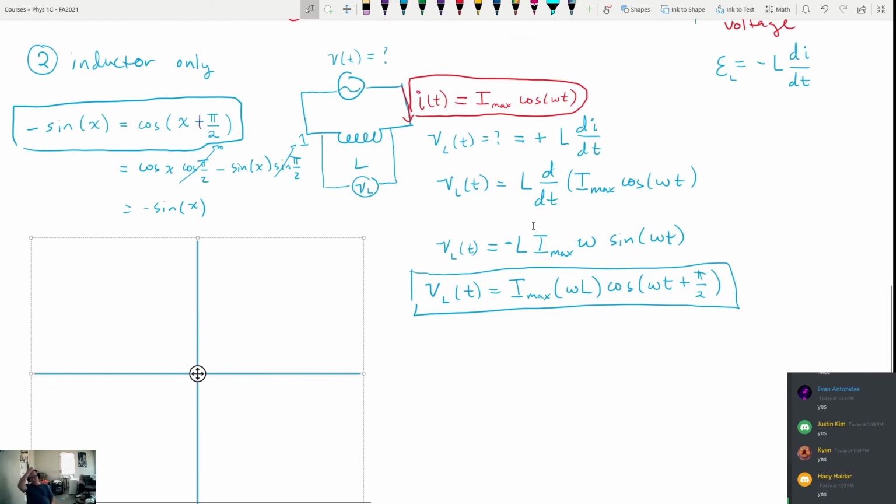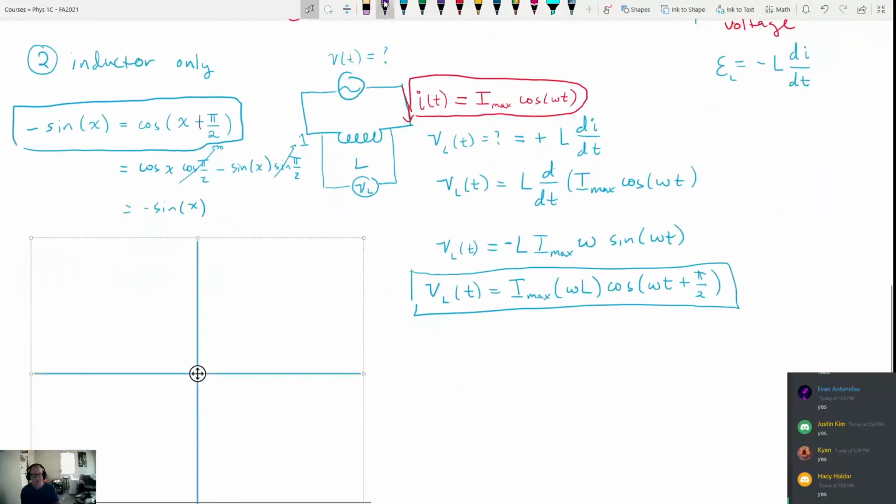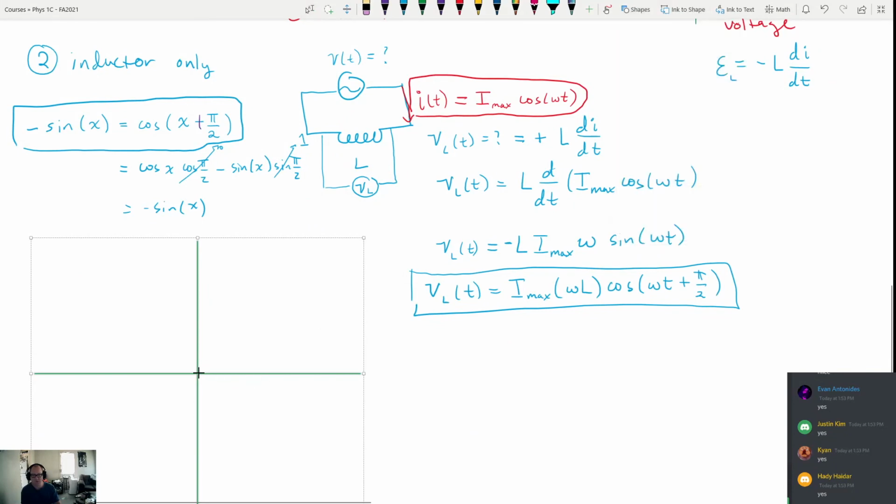First thing I'm going to do, I'm going to start off with the current phasor and leave it in exactly the same orientation we had before. So we're going to make it look like this here. So the current phasor, using green again, goes this way. So that's going to be my current.